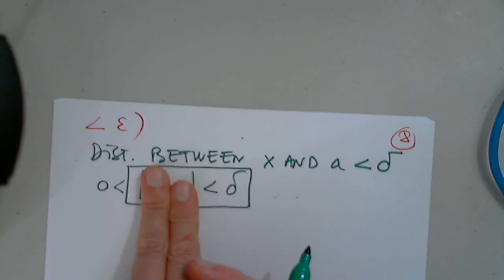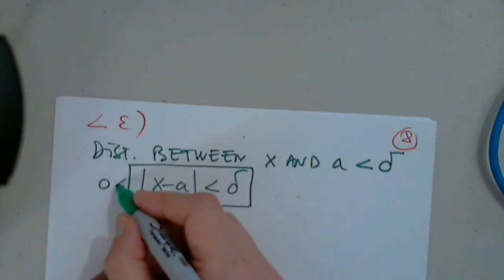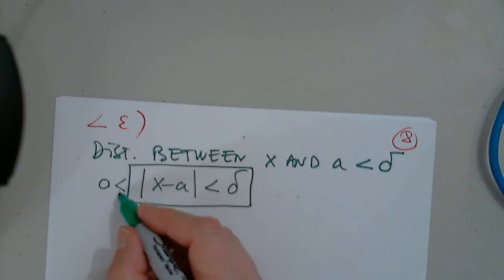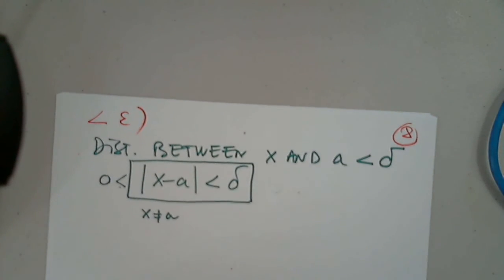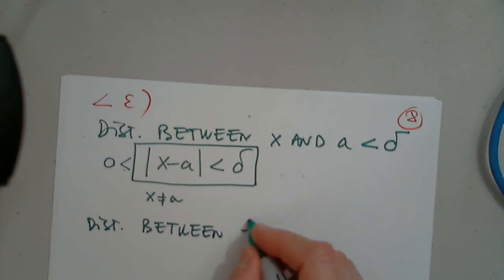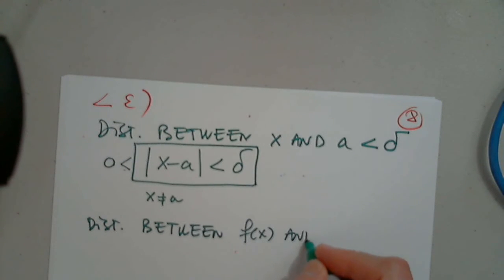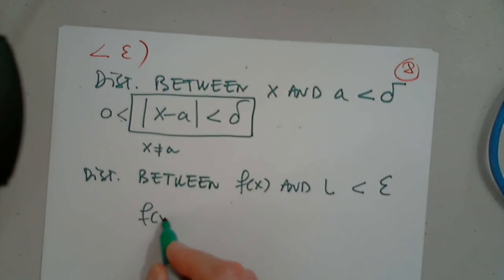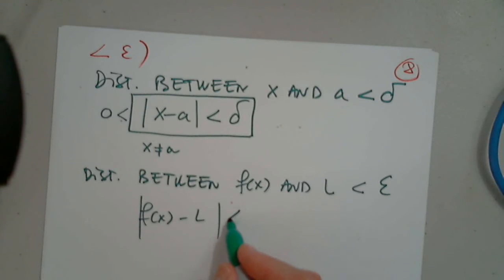We know that the absolute value is positive. Yes, but this says that x cannot be a because it cannot be 0. And the other one, the distance between f of x and L is less than epsilon. We don't write it like this, we write it like this. F of x minus L less than epsilon.